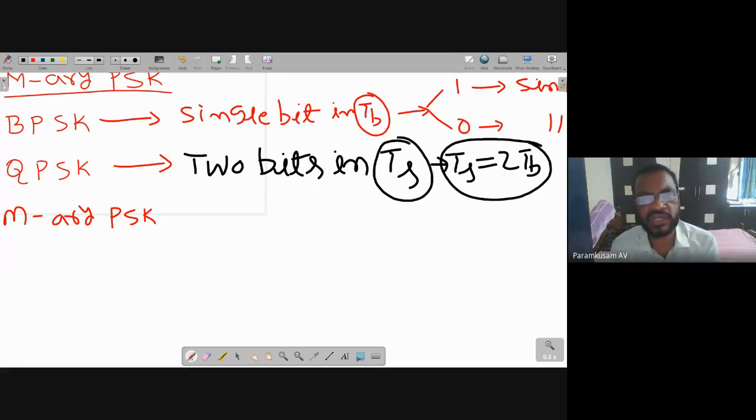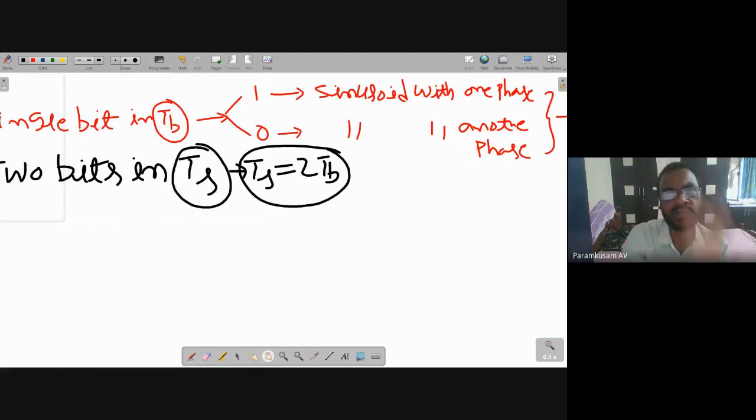In one symbol duration, we transmit 2 bits. So at a time you transmit 2 bits, not like in BPSK. In BPSK we transmit at any time only 1 bit, but in QPSK at any time we transmit 2 bits.